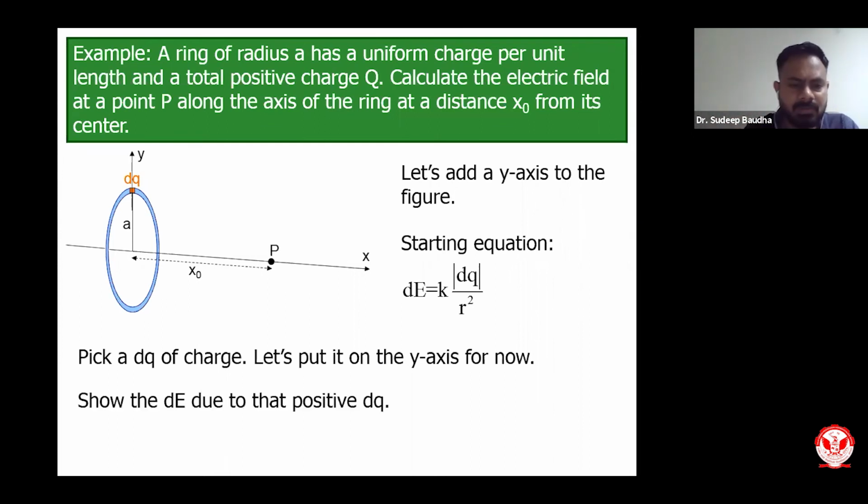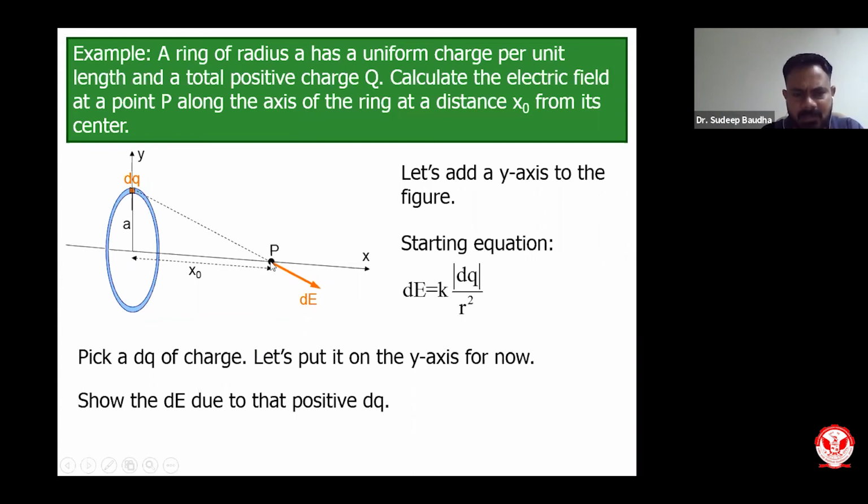So I will show you. Now show the dE due to the positive dQ. That is our second step, as I was talking about step by step. So let us see. This is dE. So dQ I have denoted over here, just for ease of calculation. You can denote at any point whatever you like, but for ease of calculations I have done it. So dQ is a small segment in this particular ring.